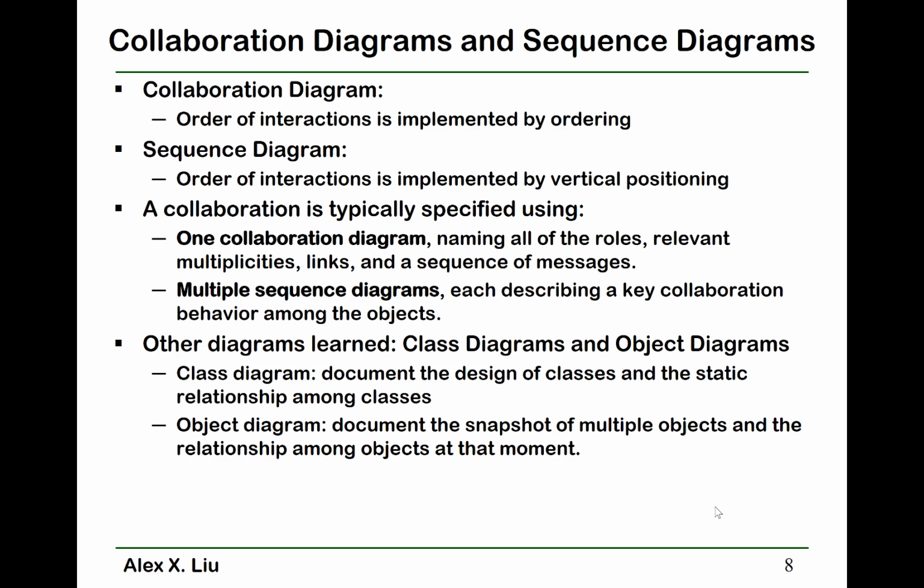And the object diagram basically documents the snapshot of multiple objects in the system and the relationships among those objects at one particular time instance. So the class diagram means the static relationship among all these classes, and the object diagram means at one instance, what are the relationships among these objects?